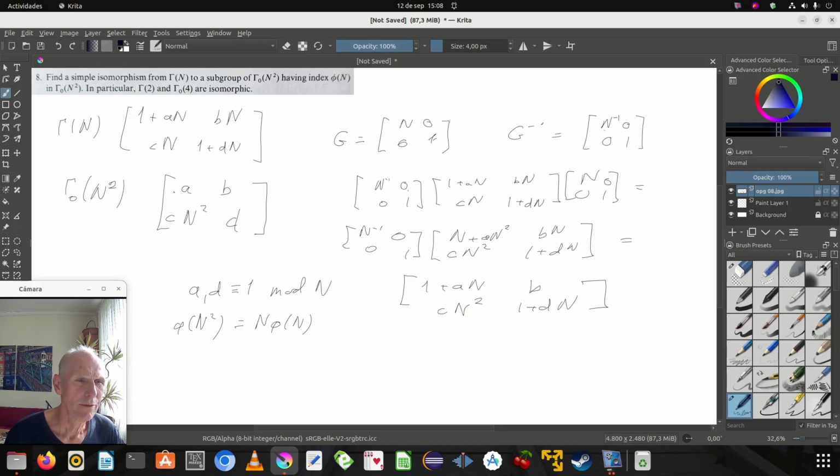So we have n phi of n possibilities, and AD equals 1 modulo n. There should be n possibilities within n square. So that means it has index phi of n.